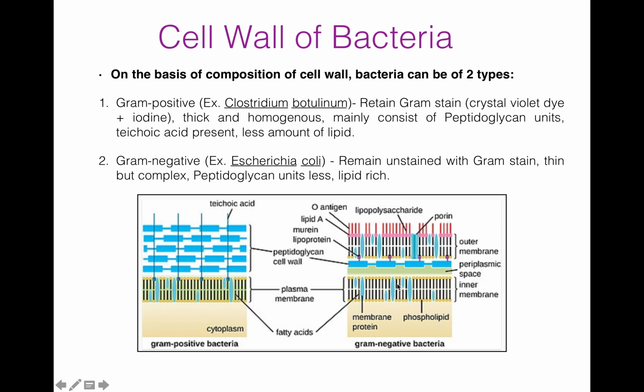The space between the outer membrane and plasma membrane is called the periplasmic space. So the peptidoglycan layer is located in the periplasmic space. In this way, the entire cell envelope in gram-negative bacteria consists of three layers: the outer membrane, the peptidoglycan layer in the periplasmic space, and the plasma membrane.